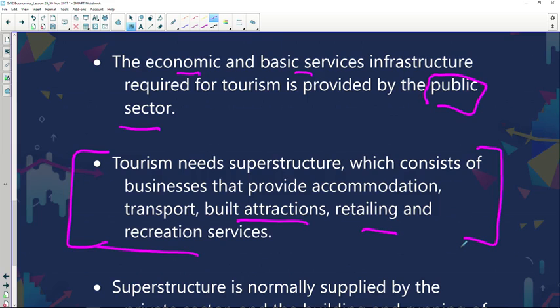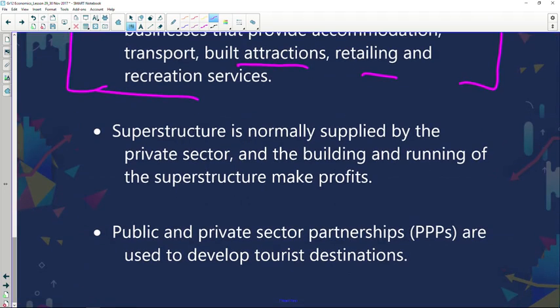So businesses do benefit because they will be in a position to provide and build these superstructures that are required. So superstructure is normally supplied by the private sector, and the building and running of the superstructure makes them a good profit.